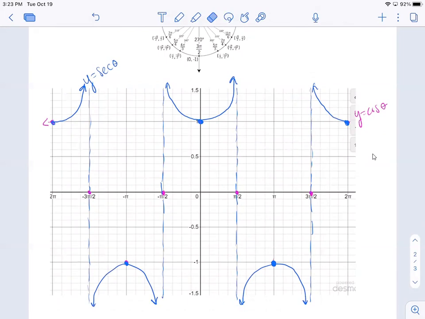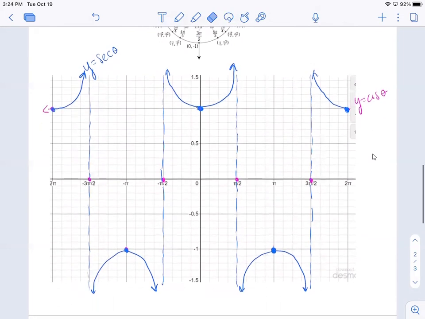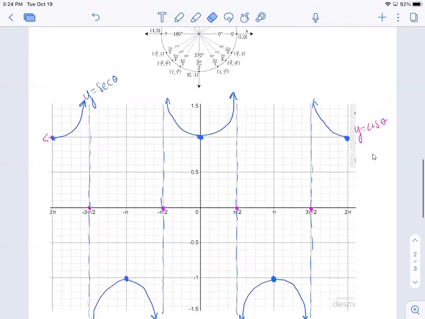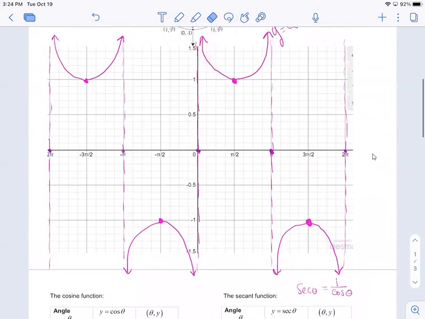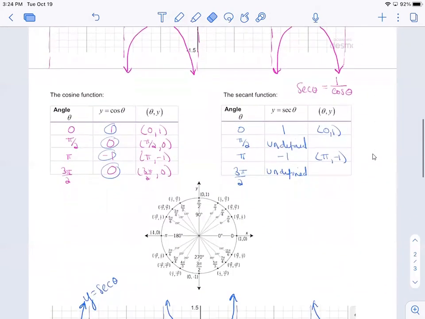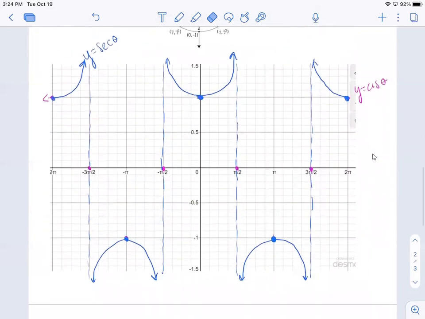There's just a transformation happening, but they could be identical if I applied that horizontal shift to them. So the difference is that your asymptotes are happening at different places because your zeros are happening at different places. All right, I'll see you on the next video for your last two graphs.